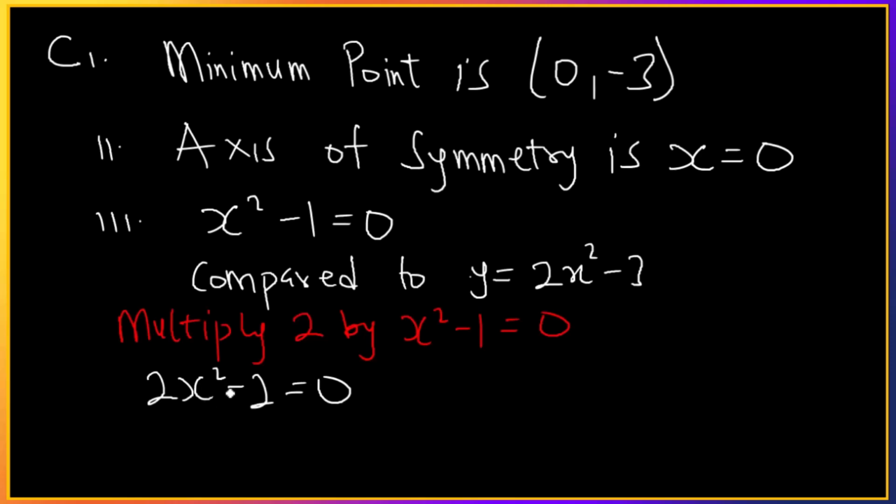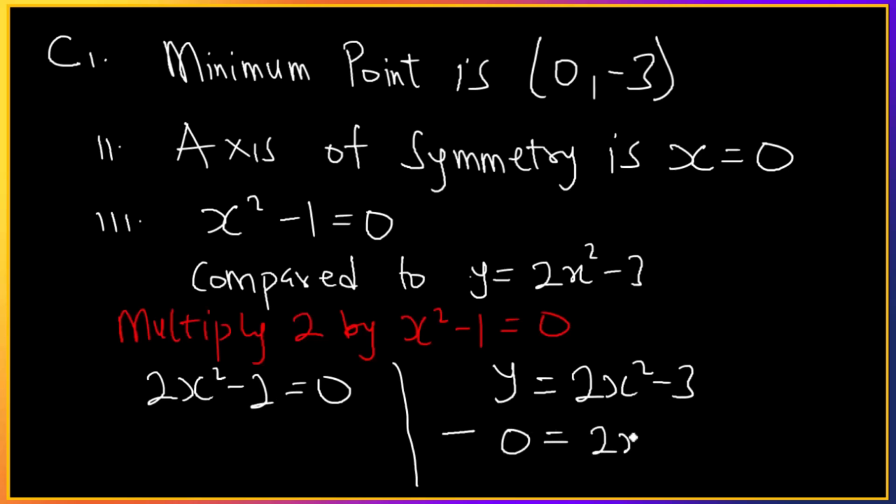With our result, we are going to compare this to the relation given. Now we have y equals 2x squared minus 3, and we are comparing it with this, 0 equals 2x squared minus 2.